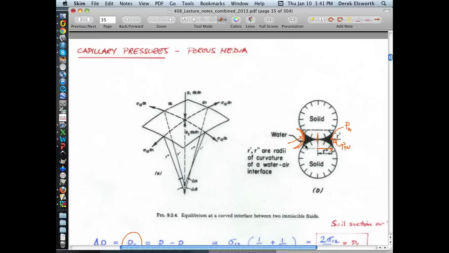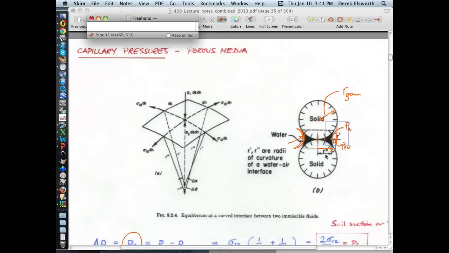In this case, this radius is pretty close to the radius of the grains. And so, obviously, if this is a big piece of water, the radius of curvature would be larger. If the water only filled it up to this point, then you'd have a really big radius of curvature.